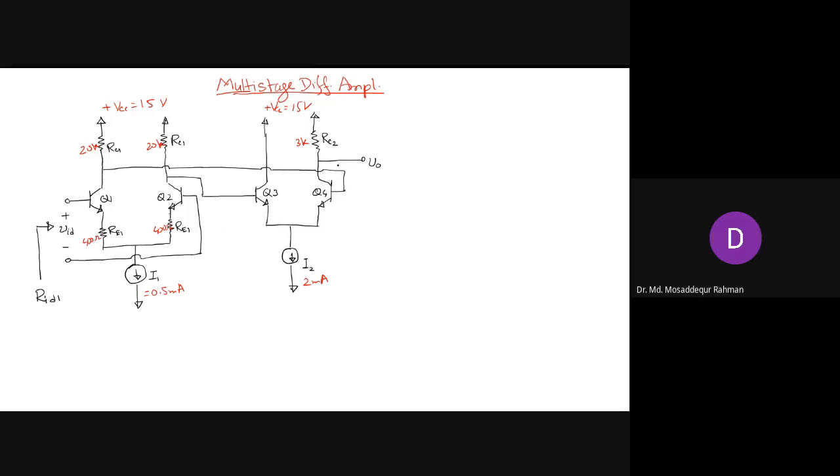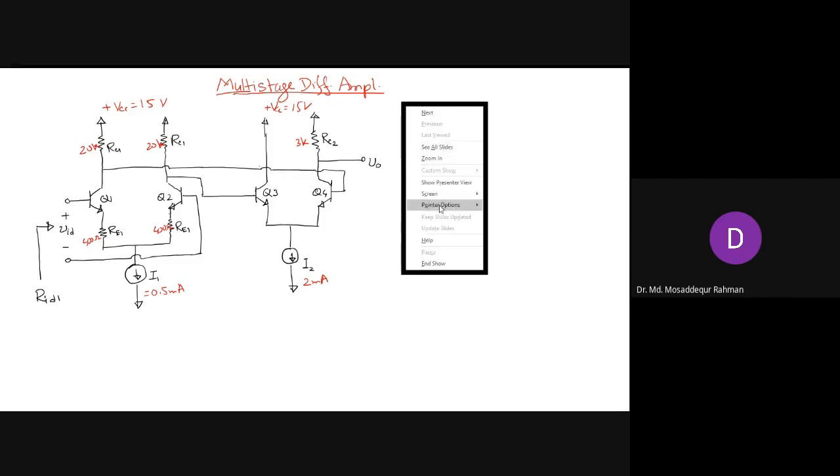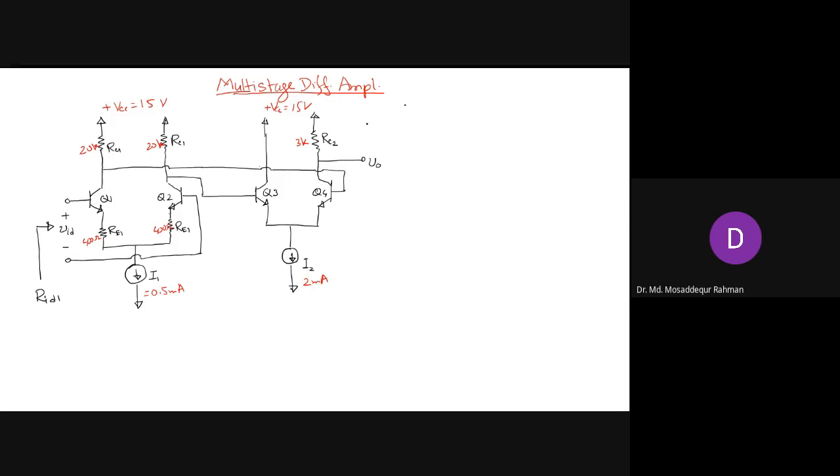We are taking the output from the second collector, the single-ended output. That is the multi-stage differential amplifier that we discussed in detail in our last class, and also discussed some of the balancing issues.